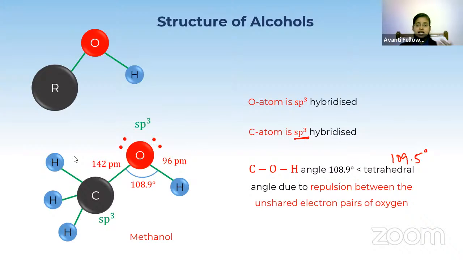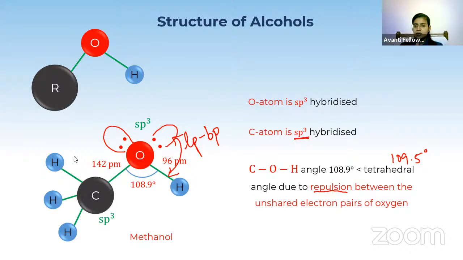But why is it decreased to 108? It is due to the repulsion between the lone pair of electrons and the bond pair of electrons. Lone pair-bond pair repulsion is greater, and that's why the two bonds come closer to each other and the bond angle is reduced.